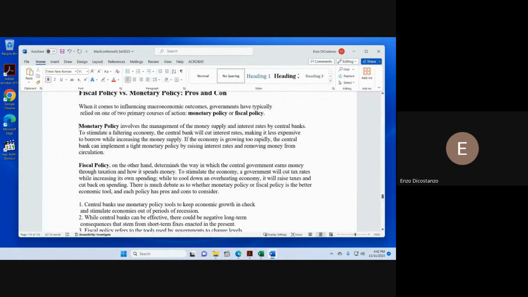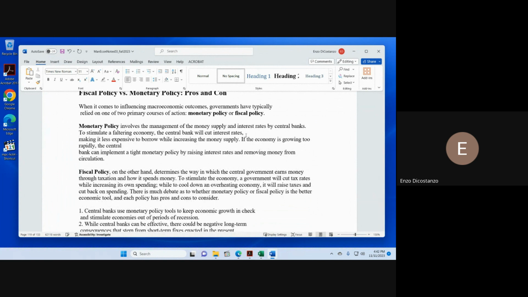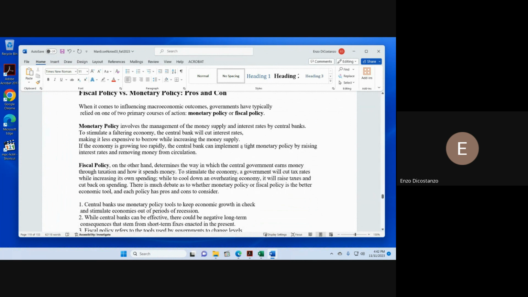Monetary policy is managing the money supply and interest rates by central banks to stimulate a faltering economy. The central bank will cut interest rates, making it less expensive to borrow, while increasing the money supply. If the economy is growing too rapidly, the central bank can implement a tighter monetary policy by raising interest rates and removing money from circulation.